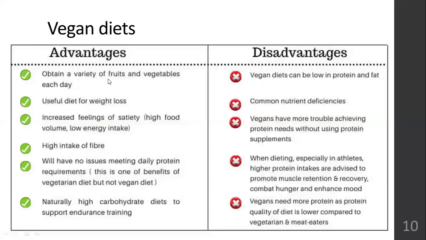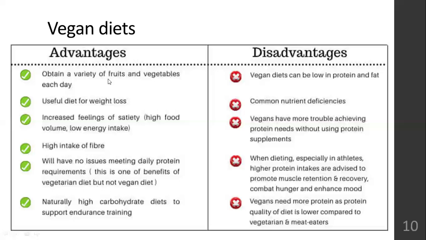What are the disadvantages? It is low in natural protein. Especially complete proteins are not available in plant sources, and good fat as well. A lot of nutritional deficiencies, micro and macro, are seen in a vegan diet. They have more trouble achieving their protein requirement, especially an athlete who has to get their protein requirements met.